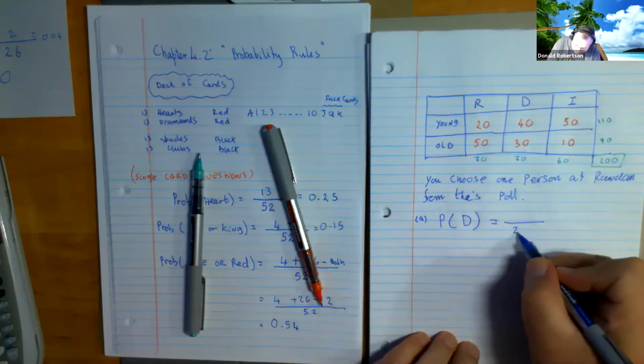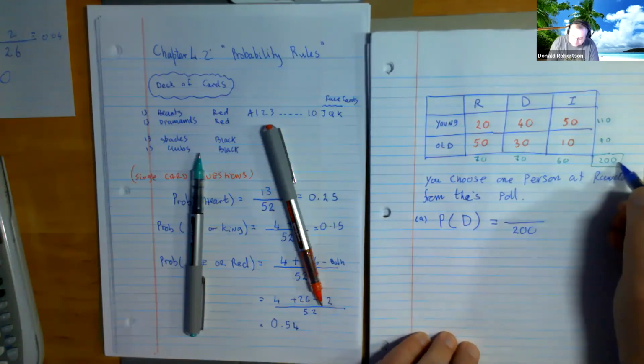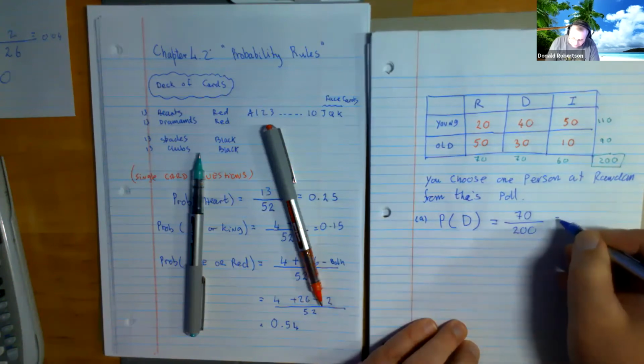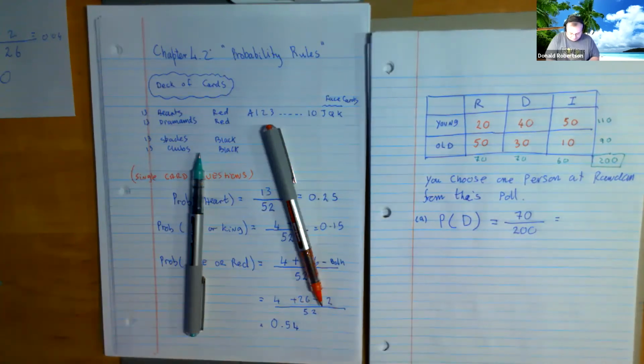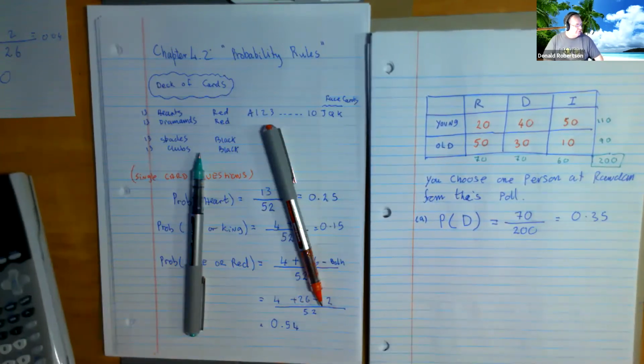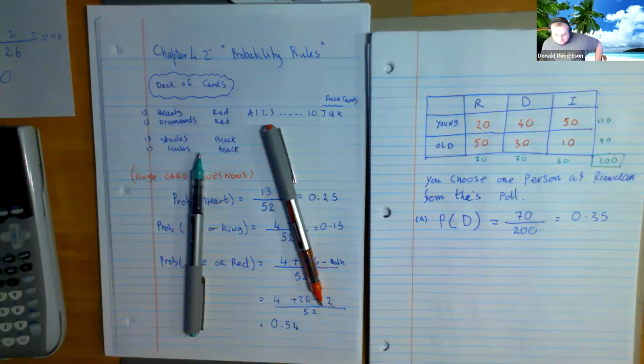Well, there's 200 people you could have picked, right? And out of those, 70 were Democrats. So the probability then that you did that is 70 divided by 200, and that is 35%, right? There's a 35% chance you chose a Democrat.